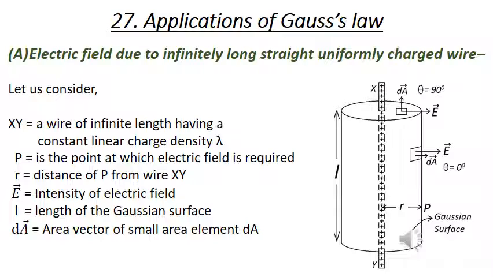At the curved surface of the cylindrical Gaussian surface, the angle between electric field intensity and the area vector is 0 degree, and at the flat surface, the angle between electric field intensity and area vector is 90 degree, as shown in the figure.